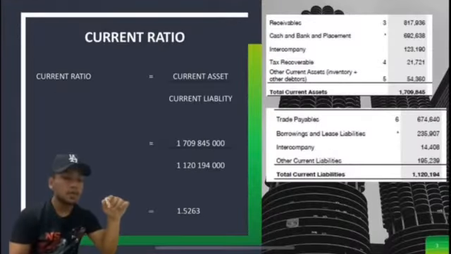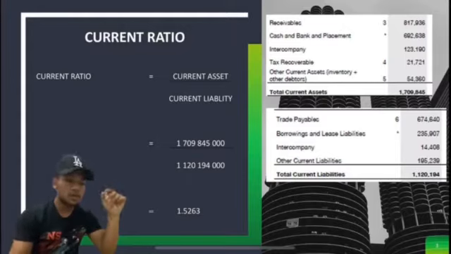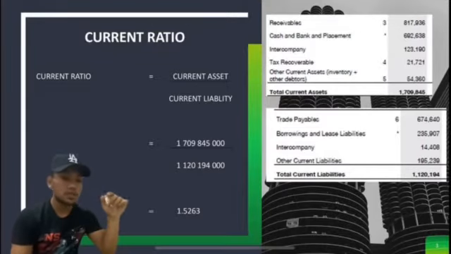Okay, for the first, current ratio, that is for Sunway Construction Group Berhad, current asset divided by current liability. So we look to the financial statement, the annual report, and I calculate and I get 1.5263 for the current ratio of Sunway Construction Group Berhad.